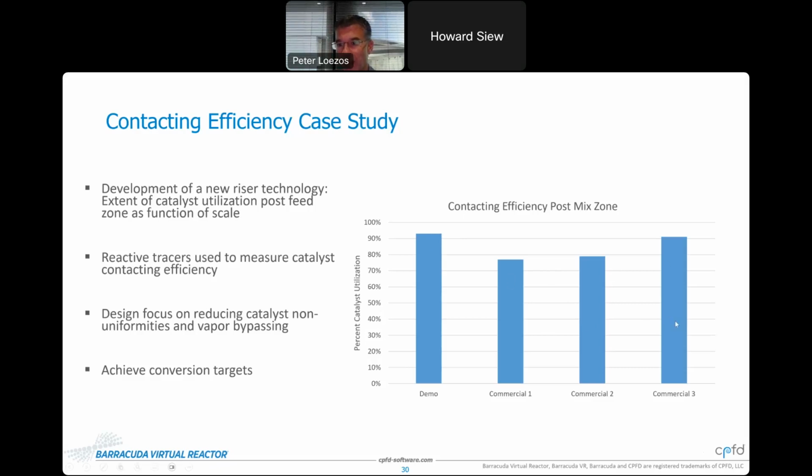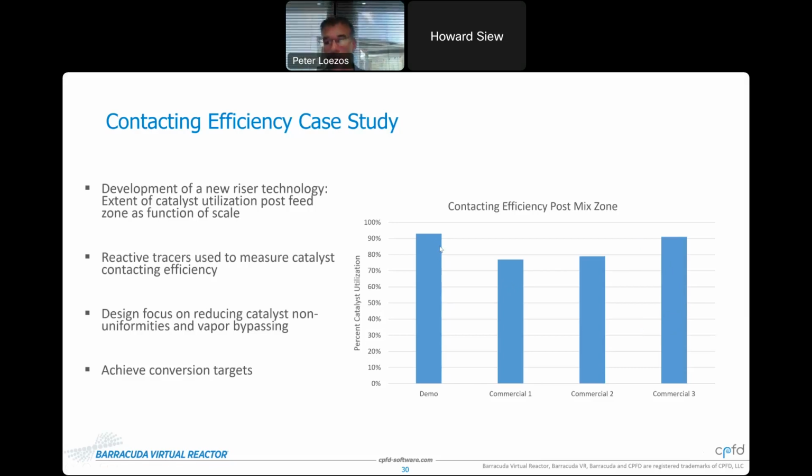But if you look at the commercial predictions, because of the length scale, that catalyst utilization falls off pretty significantly. So after we tested several design options, we came up with commercial 3, and that brought that catalyst utilization back up to just over 90%, very similar to their demonstration unit.